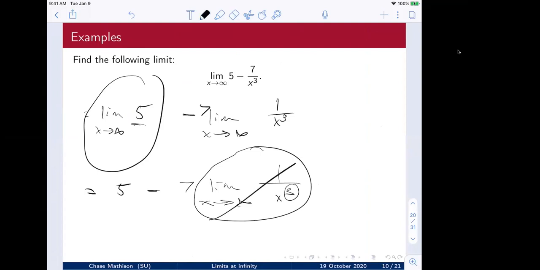This is 0. Very good. 0. And so we're just left with 5 here. Questions on that?